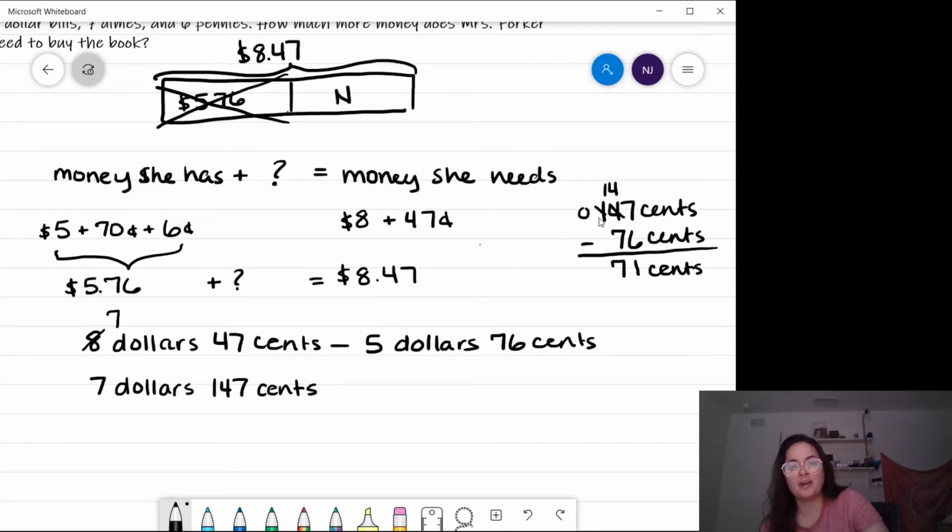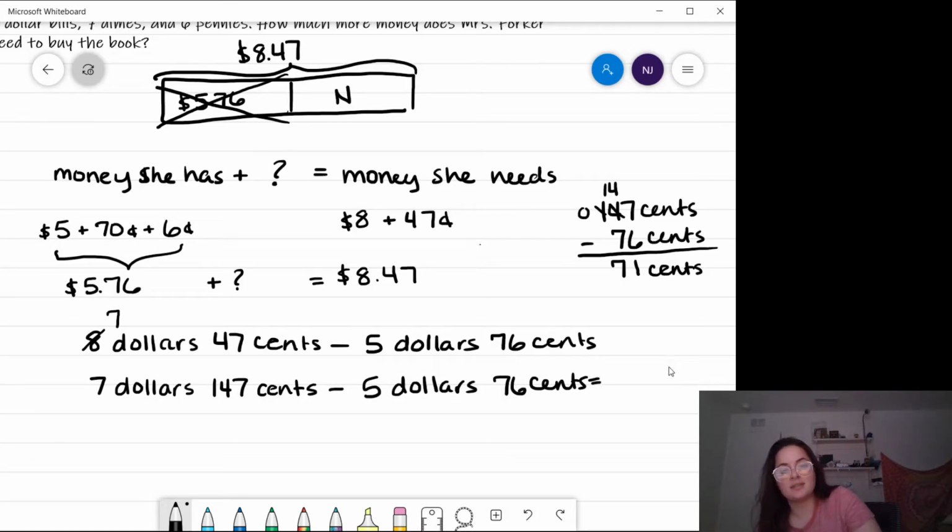Okay, so 147 minus 76 cents, I got 71 cents. Now, what about my dollars? I've got $7 minus $5, because remember, we did have 8, but I took $1 and turned it into 100 cents. So we now have $7. Take away 5, I'm left with $2.